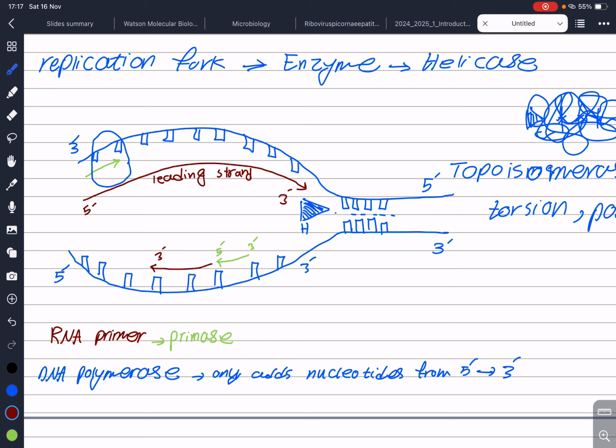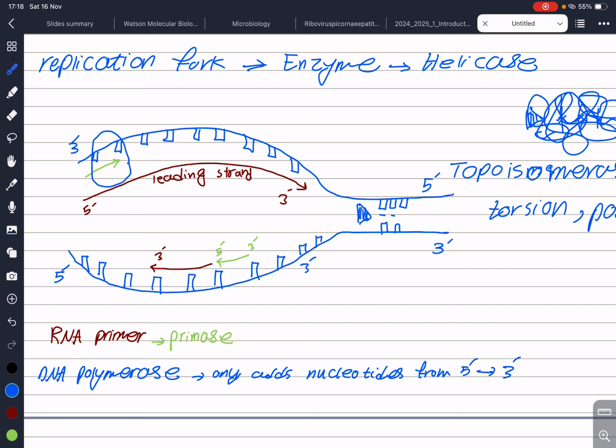Then again the helicase will continue and make the DNA much more open, so it starts to move forward. For example, these hydrogen bonds were removed, and it will happen in this way.